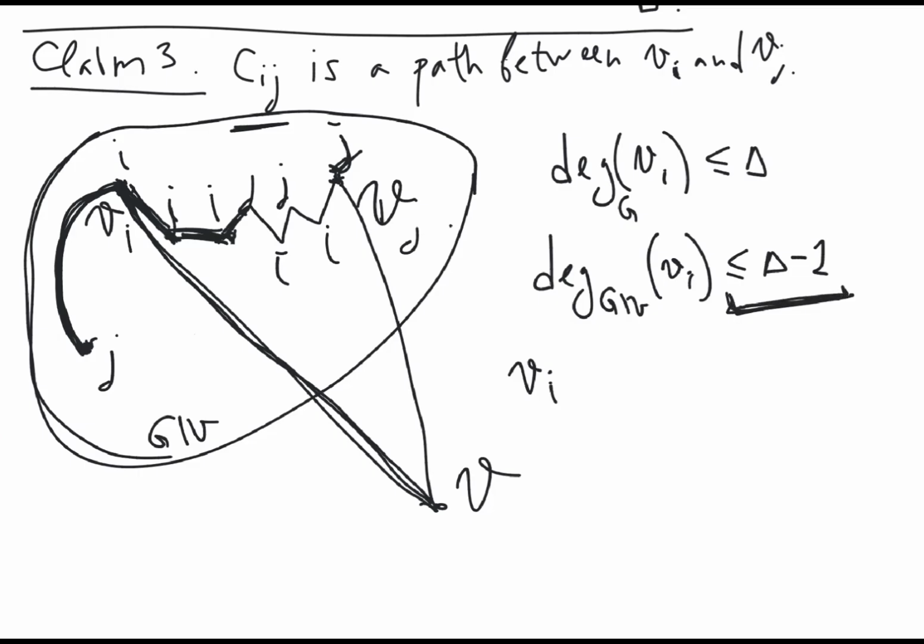Among delta minus 1 of its neighbors, two of them have the same color J. So in total, at most, we have three colors for Vi. What are the three colors for Vi?